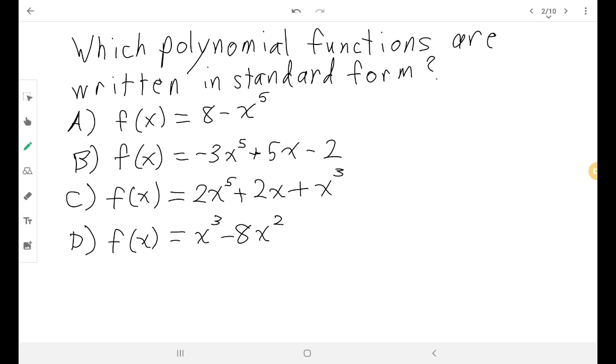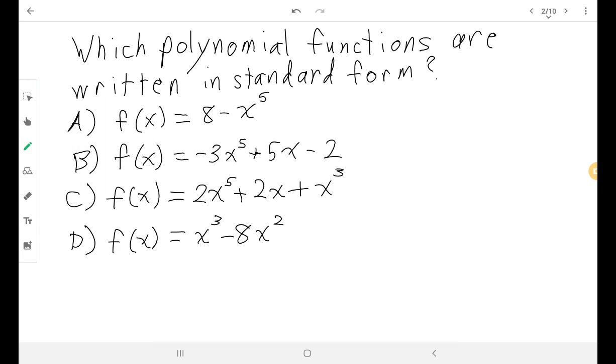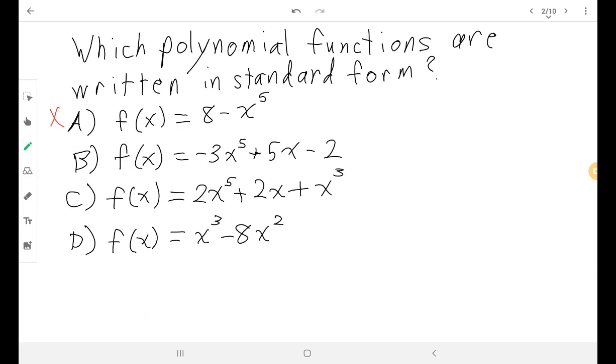Okay? So if you look at that, then you should see very quickly that choice A is not in what they call standard form, because for it to be in standard form, this negative x to the fifth would have to be in the front. Okay?